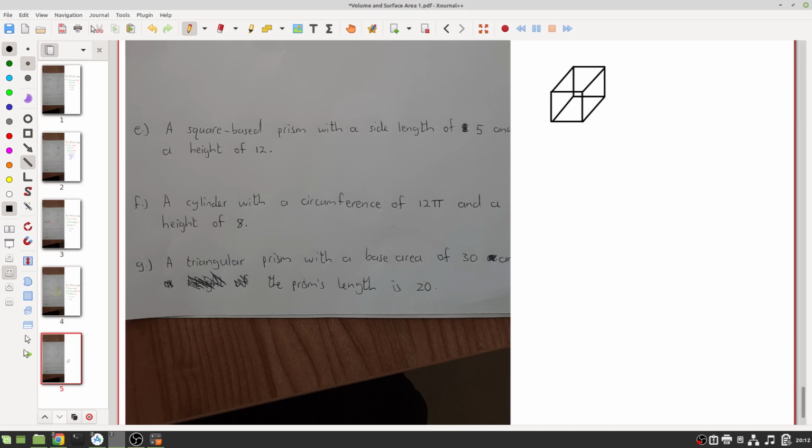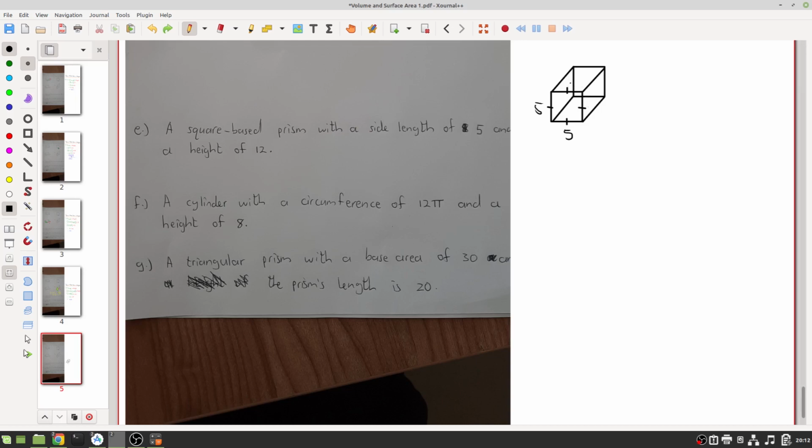Okay, so now we've got a square and another square, so that would be our base, right? That's a square-based prism, where all of these sides are the same length. So that side length, according to our question, is 5, right? So it's 5, 5, 5, 5.